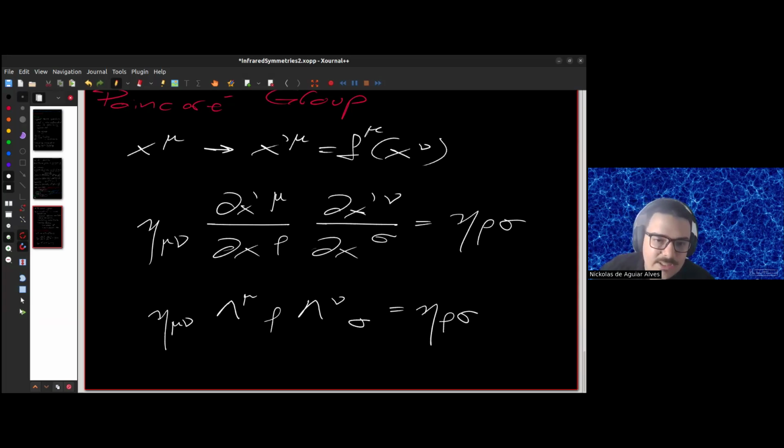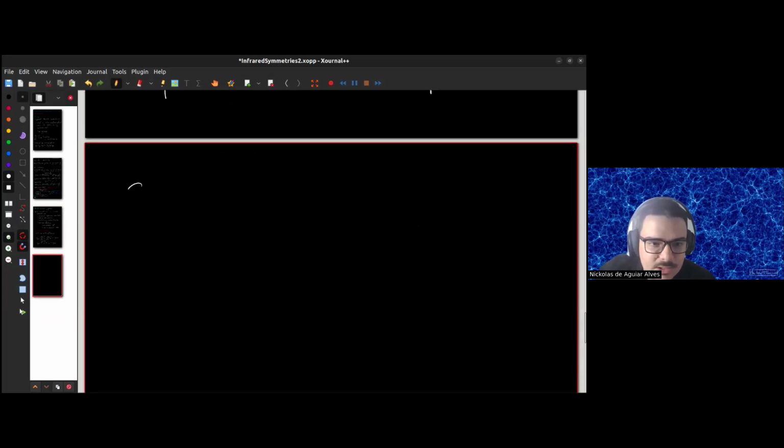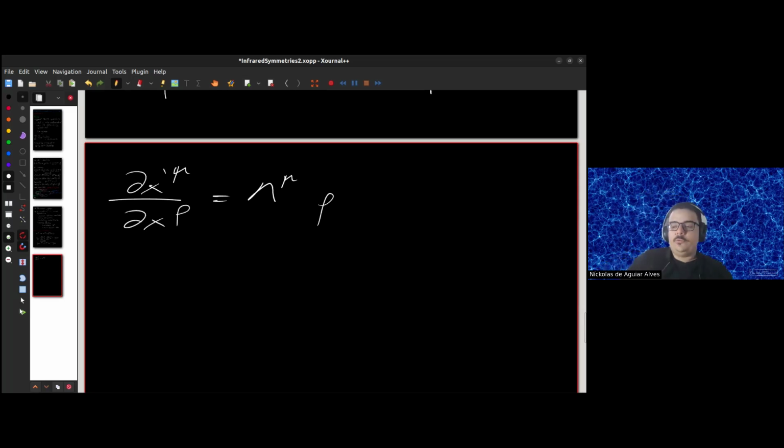So what I'm asking is that this derivative here corresponds to a matrix of this form here. It should be an element of the Lorentz group. So what I'm asking is essentially the following differential equation. I want this equation to hold for my coordinate transformation.